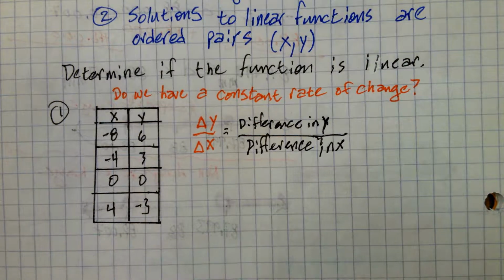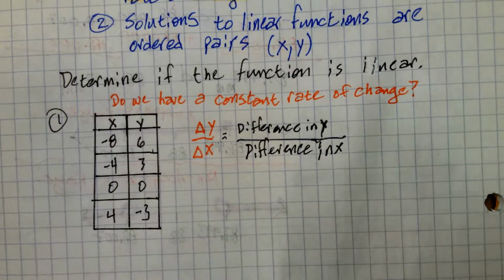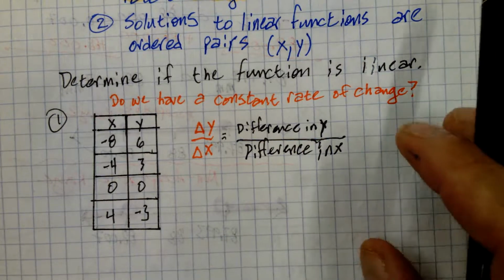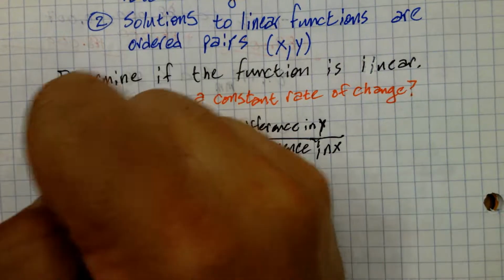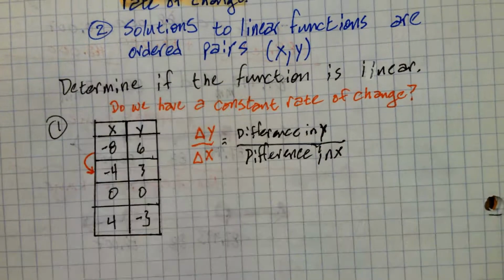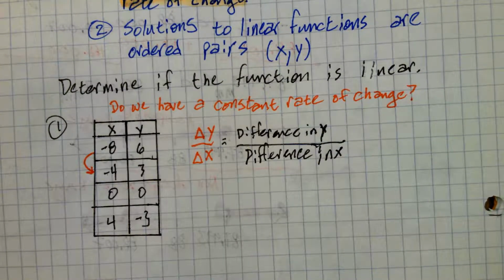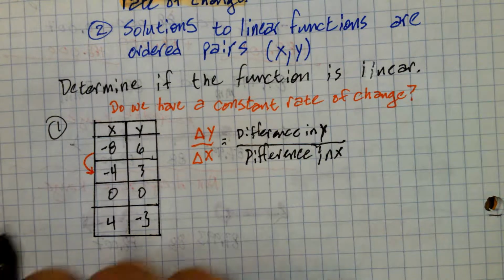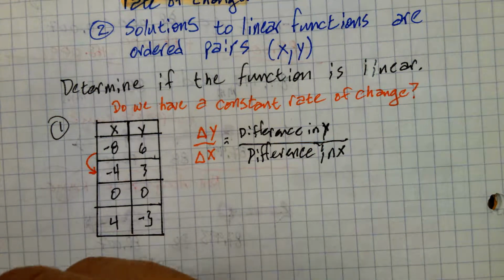Okay. Well, let's start doing that. Let's find the difference in our consecutive x and y values. So let's start with -8, and we're moving to -4. We're clearly increasing, right? How many places are we going up?